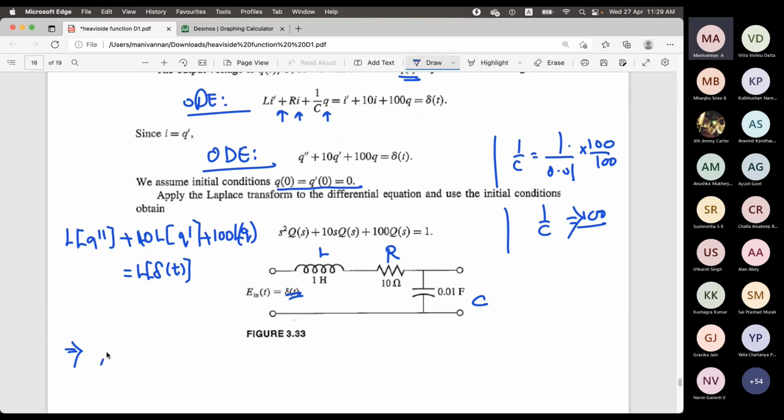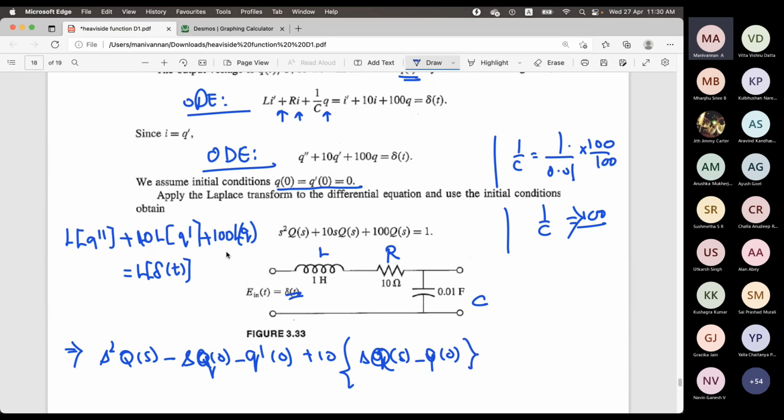It is s square Q of s minus s into q of 0, minus q derivative of 0, plus 10 times s into Q of s minus q of 0, plus 100 times Q of s, which equals 1. The Laplace transform of delta of t is 1. Is it clear? Yes, sir. Okay.